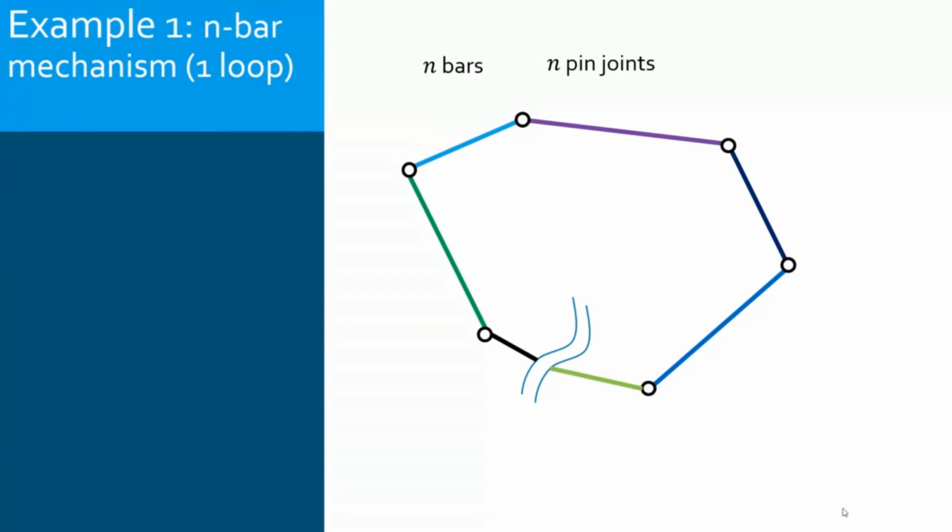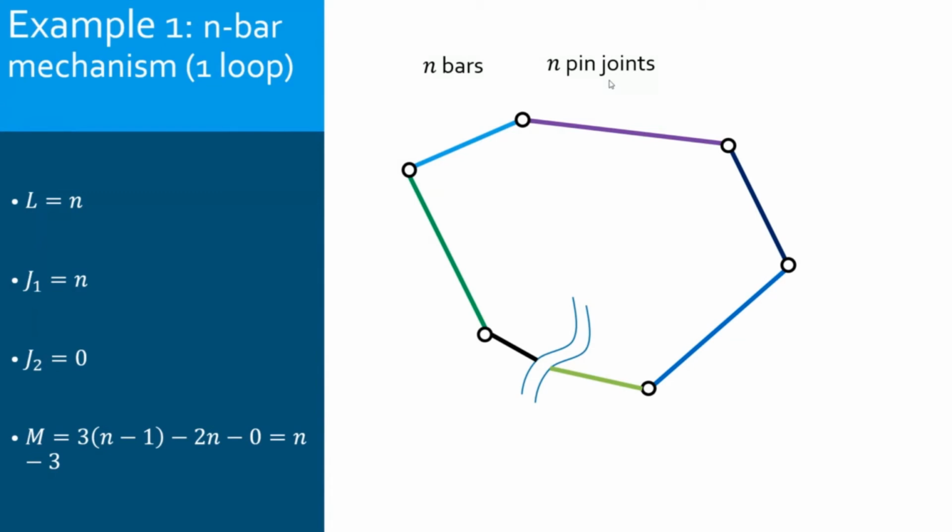I need to find the mobility. The number of links is n, connected together with n revolute joints, pin joints. Pin joints are lower pairs; they allow only 1 degree of freedom. So revolute joints are counted in J1, and here J1 equals n. In J2, I have nothing: I don't have cams or gears, so there are no direct contacts or line contacts.